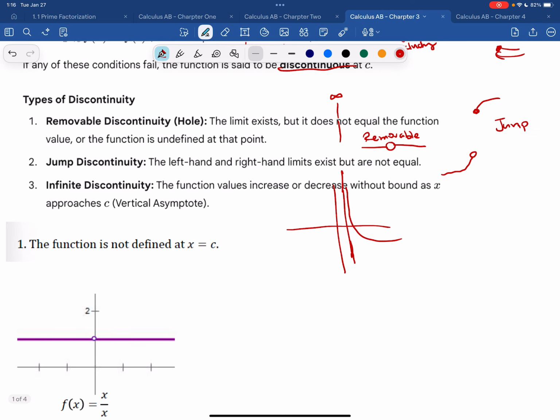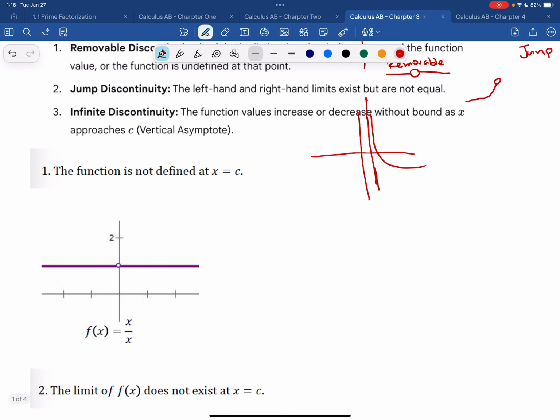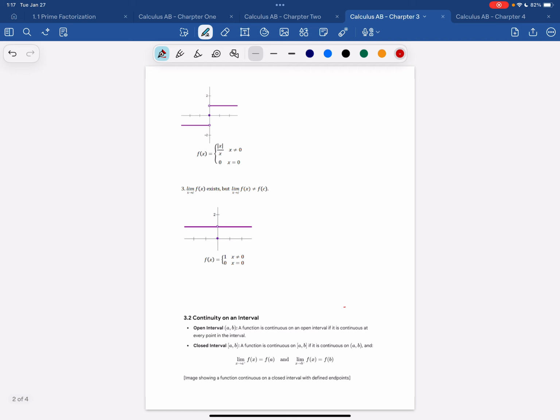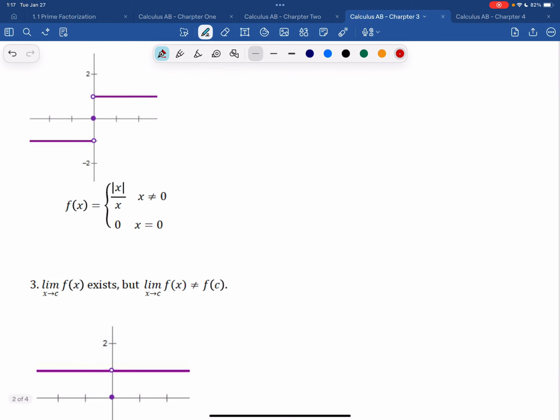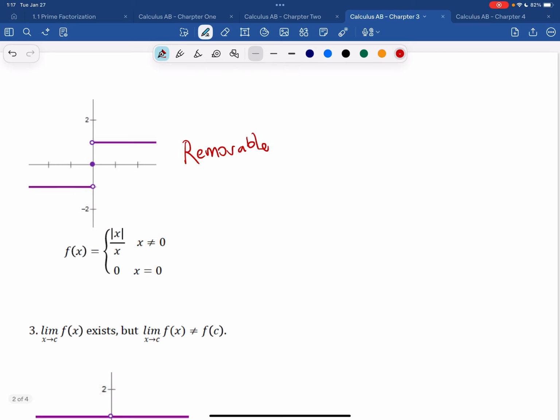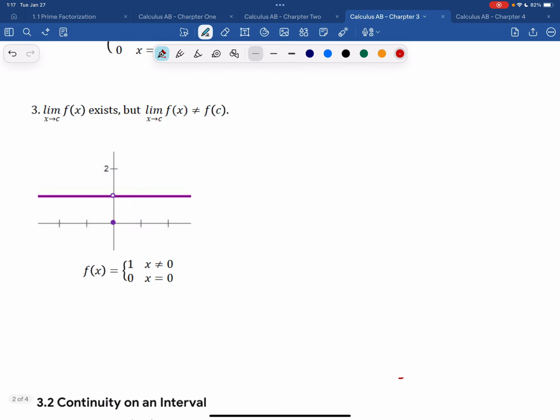Now, this one shown here is just a removable discontinuity. This one shown here, I would say, is also removable. And then here, this one's left-hand limit and right-hand limit are not equal, so it's discontinuous as well.